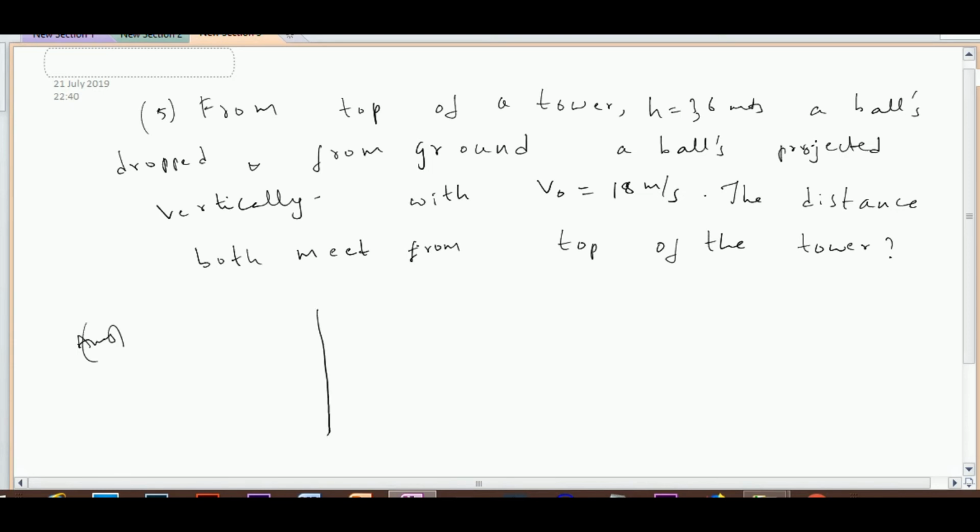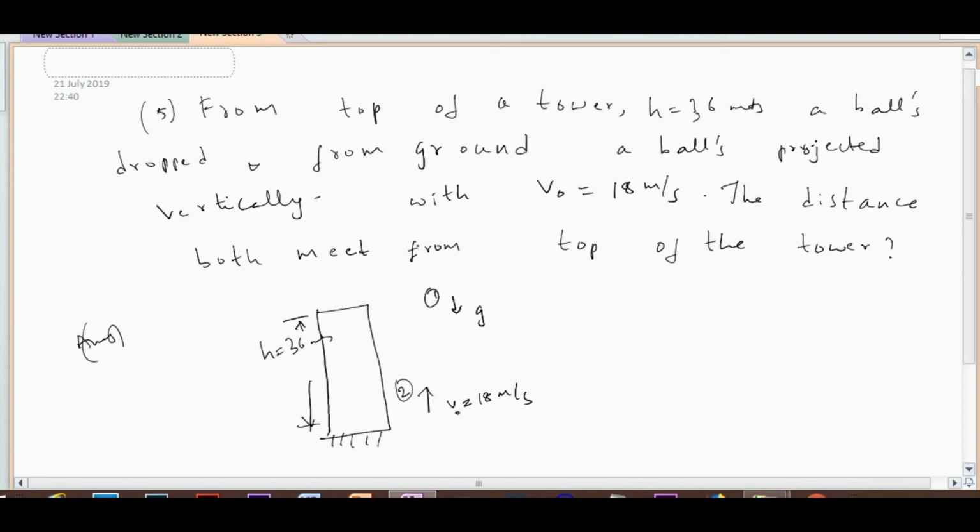So let me draw the tower, and the height is equal to 36 meters. Initial velocity of the body which is thrown from the ground is 18 meter per second, and the other is freely falling.